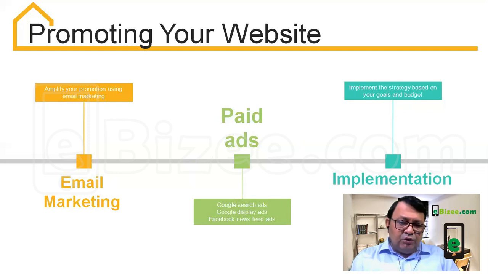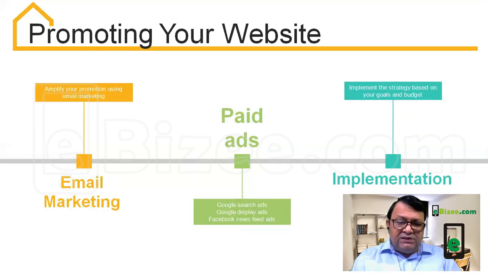Then the importance of paid ads cannot be discounted. Some amount of your budget has to be allocated for paid ads. I'm not saying that you need to spend a lot of money on paid ads, but a little money is required. Now, what is that little? What is that bare minimum? You will only know when you do it.